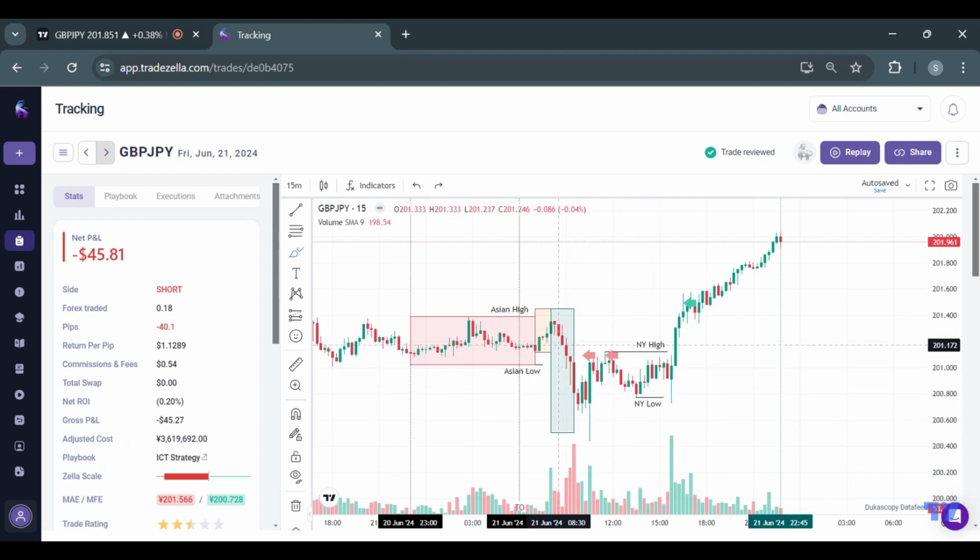Post that reversal, which actually was our main distribution for the session, we then re-enter consolidation. And if the bias for the session was to continue lower, we would have seen that expansion to the upside and then the reversal lower. Instead, we obviously got the expansion lower, which was the sweep of New York lows, and then we got the reversal to the upside. So that was a key detail that almost led me to interpret this incorrectly.